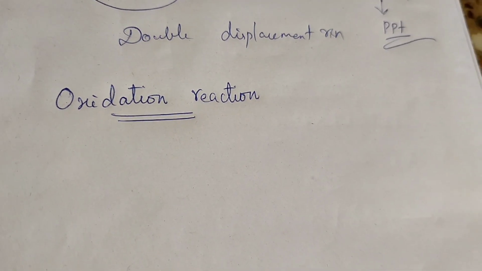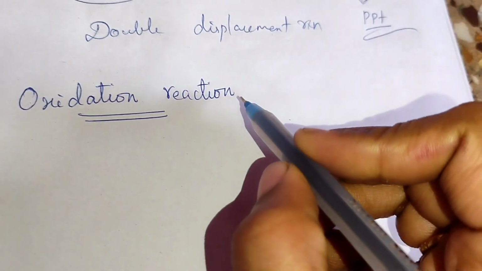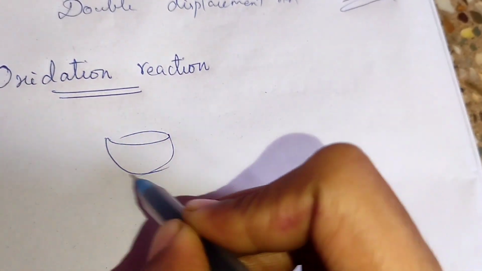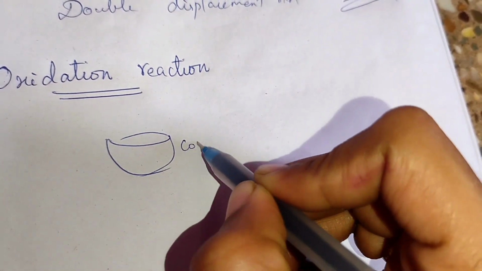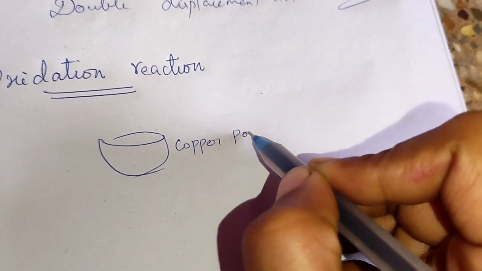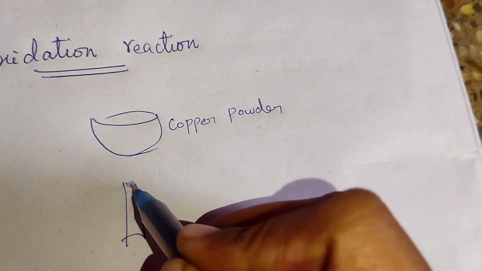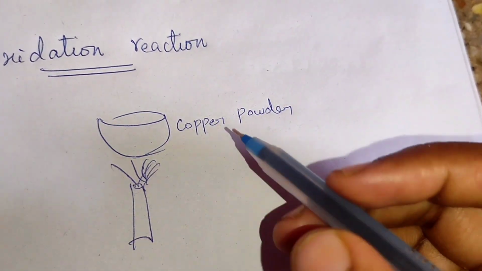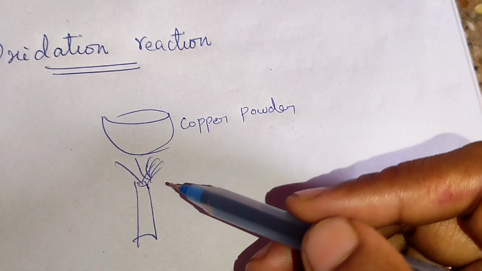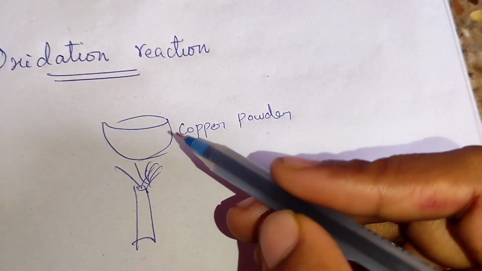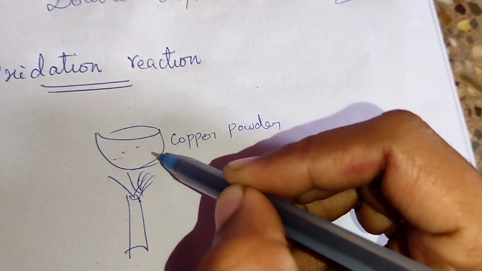Now we are going to see oxidation reaction. In this reaction, I am taking one china dish. Inside the china dish, I am taking copper powder and burning it. The copper powder turns into a black surface.